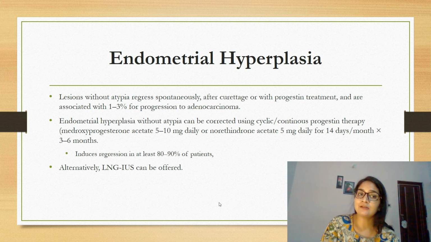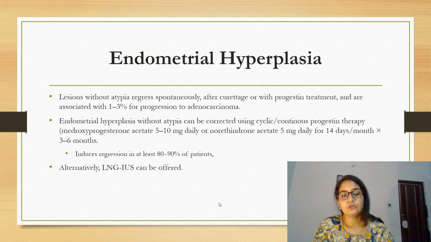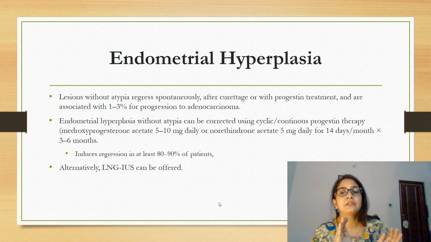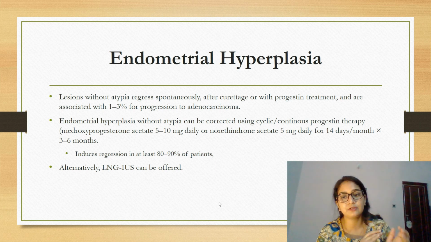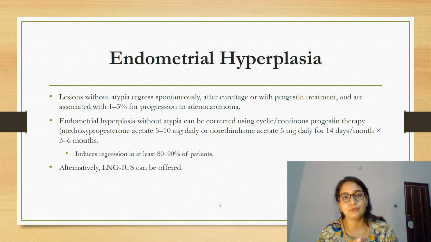So if you see there is no atypia, you can simply give her cyclic progesterones. Usually we give medroxyprogesterone acetate 5 to 10 milligram, MPA, or some women tolerate norethisterone. We give it as a continuous therapy for 21 days and stop it for 7 days, or you can just give it for 14 days and stop for 14 days. You can continue for 3 to 6 months.